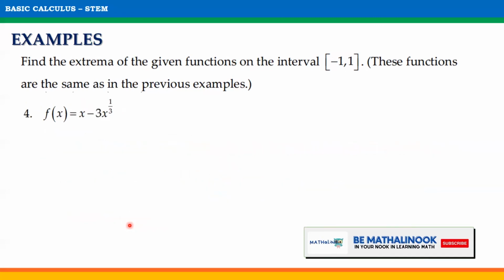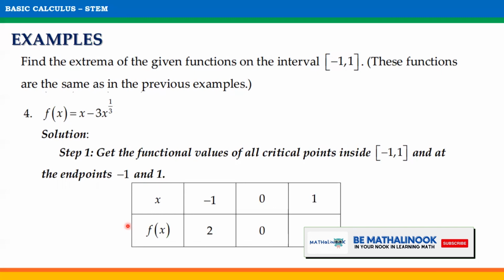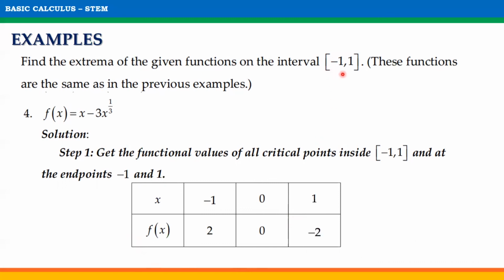For our last example, remember that the critical numbers are 1 and 0. Since 1 and 0 are both in the interval -1, 1, then we will be substituting -1, 0, and 1 to the variable x of the function.